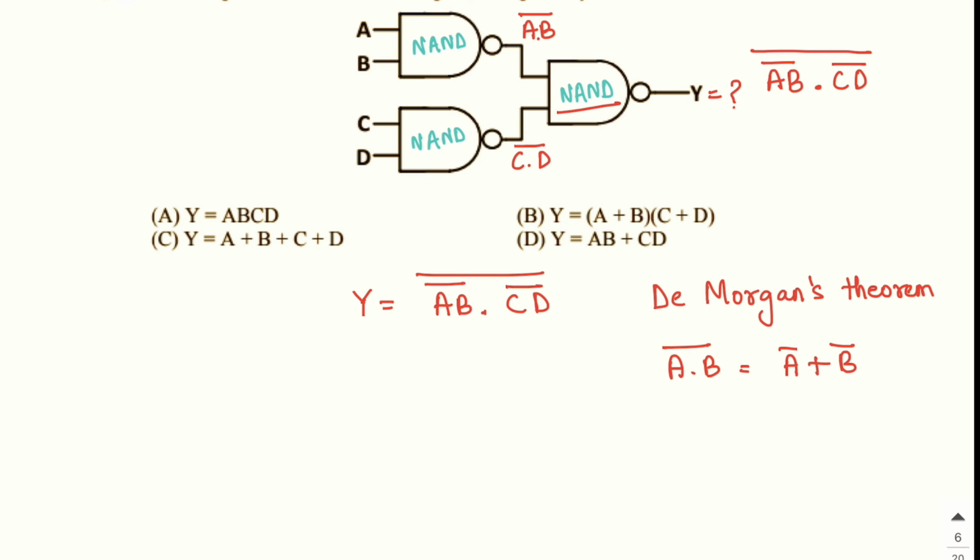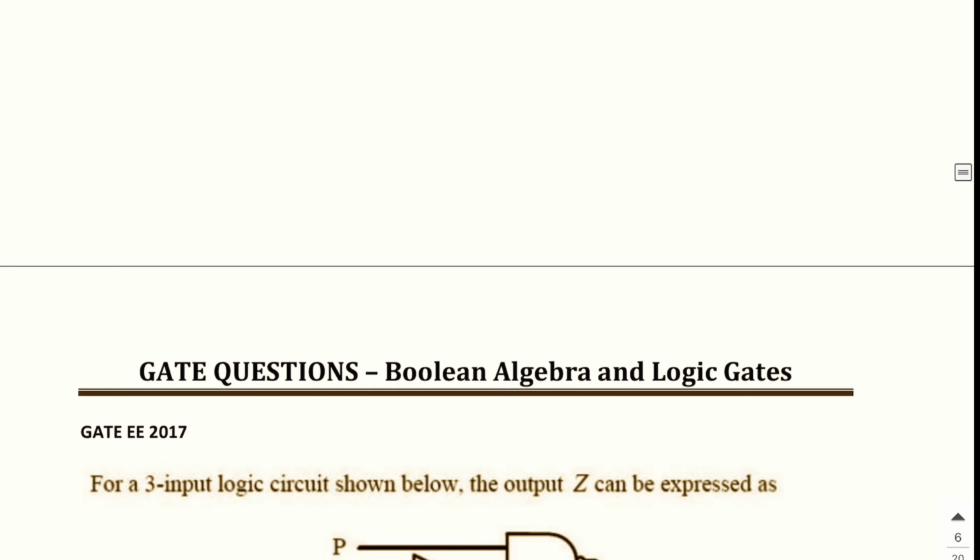So applying this theorem over here, I get y is equal to AB bar bar plus CD bar bar. Now double complement of any element is the element itself. So we have AB plus CD. And yes, you have the option D as AB plus CD. So that's my answer. Let's come to the next question.